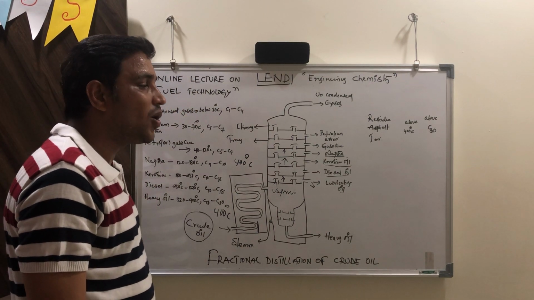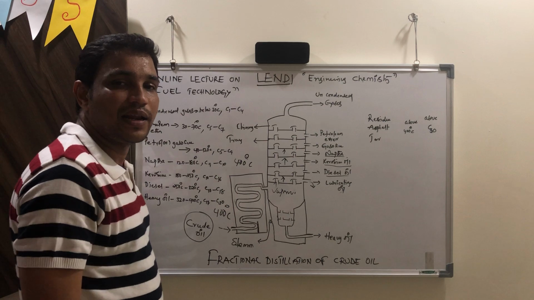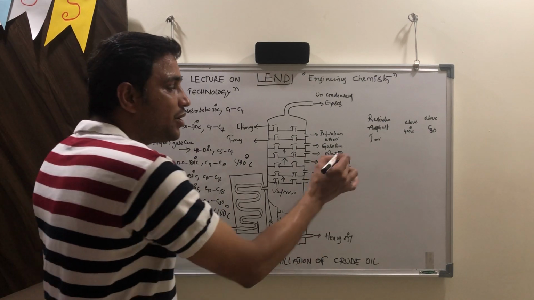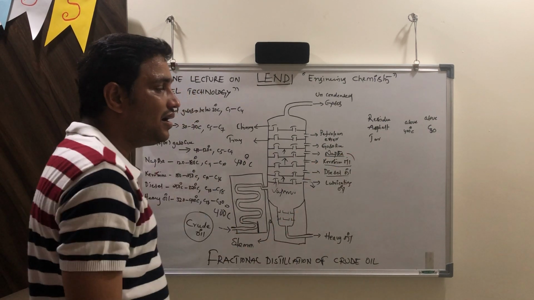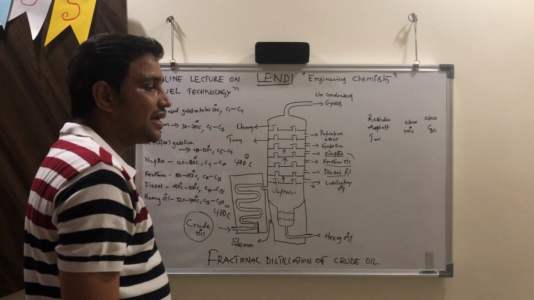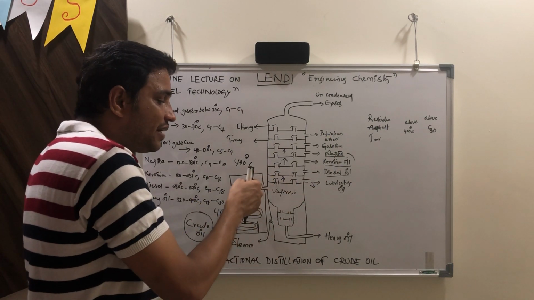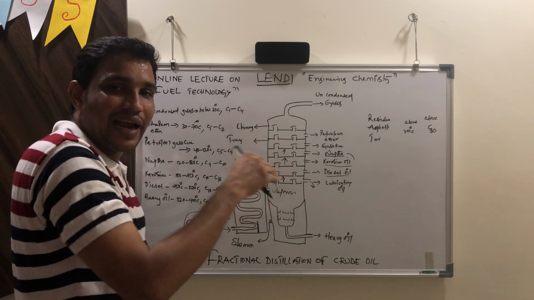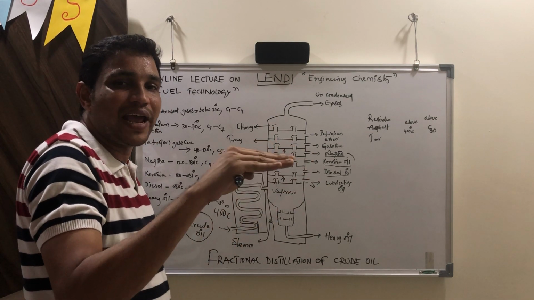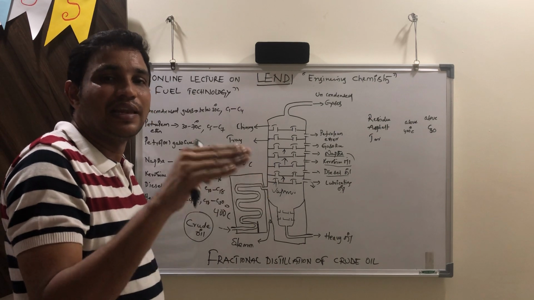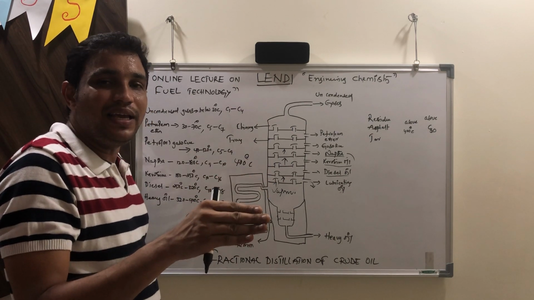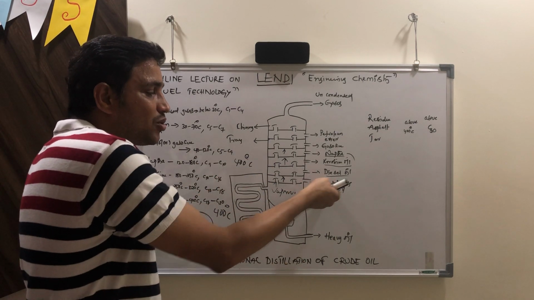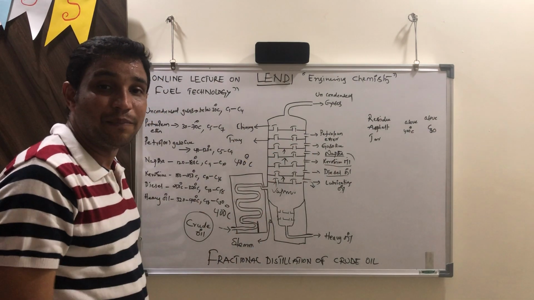At that lower temperature, the remaining fractions will become liquid and will be collected here. Likewise, when the vapors are moving from the lower tray to the upper tray, at every point some fractions are becoming liquids and can be collected through a specific provision.